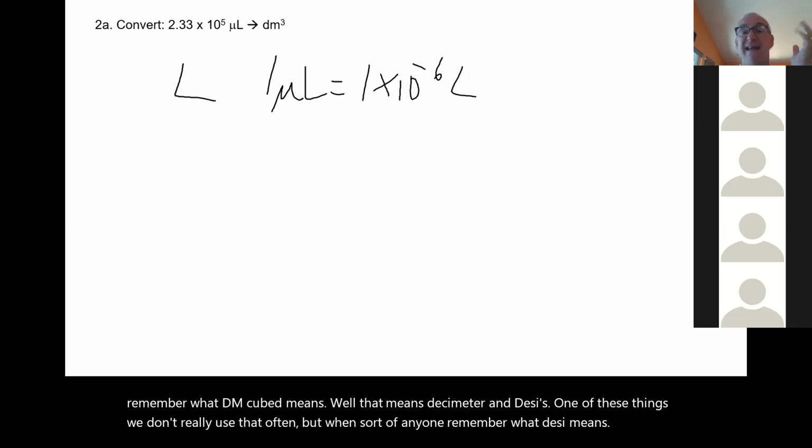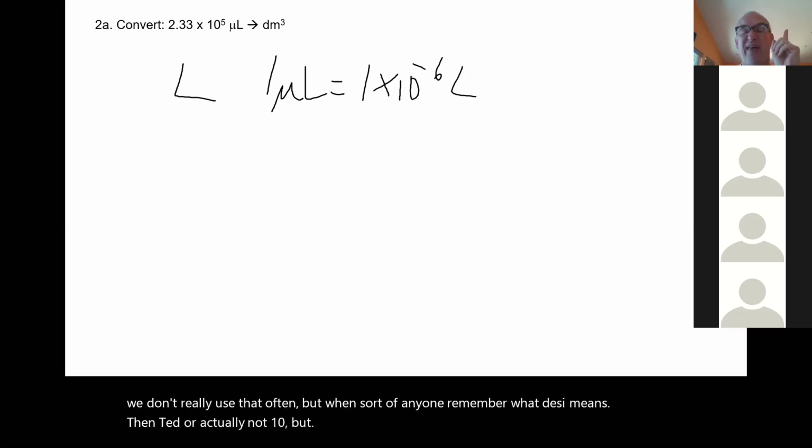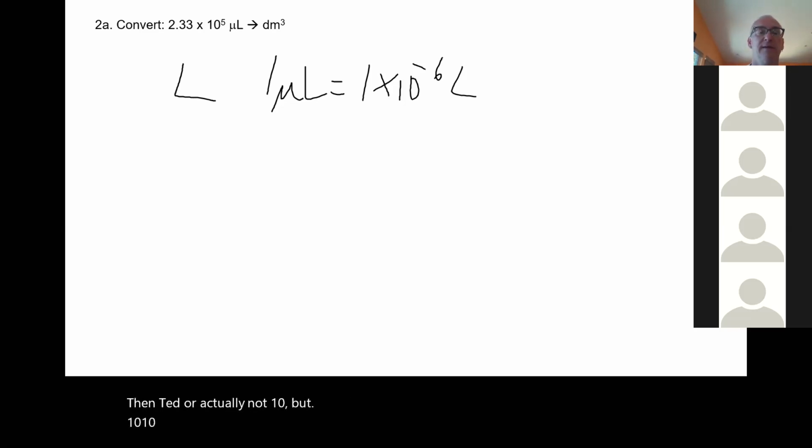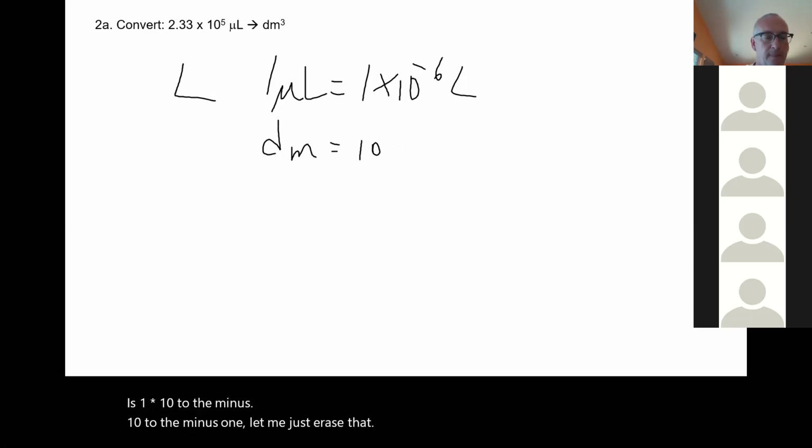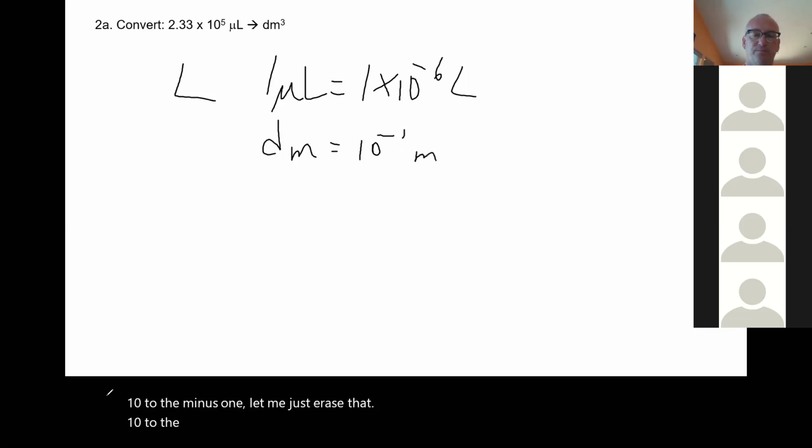Not 10, but a tenth. So a decimeter is 1 times 10 to the minus 1 meters.